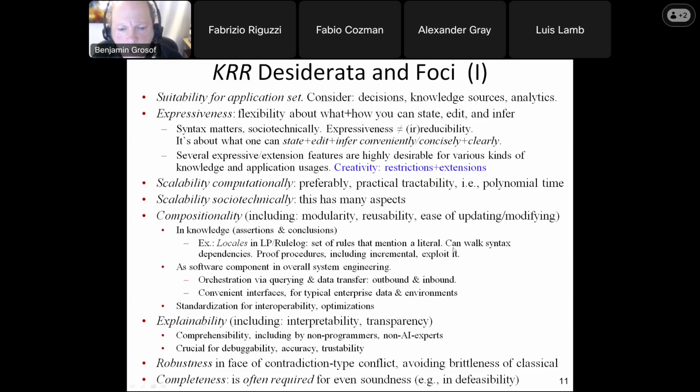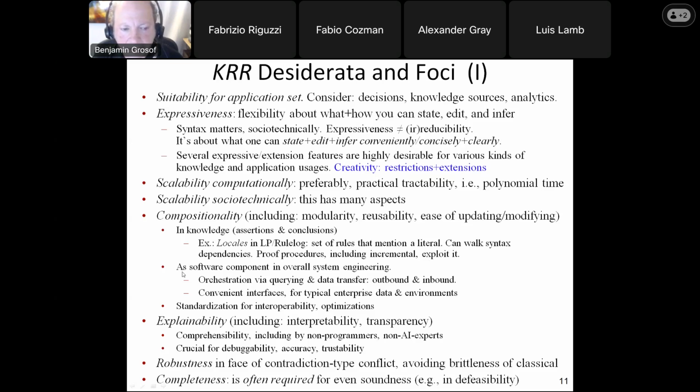And then one can walk syntax dependencies in terms of those locales, and proof procedures, including ones that do incremental inferencing after you receive some new assertions to union with your previous assertions, exploit this modularity around locales and this ability to walk the syntax dependencies.